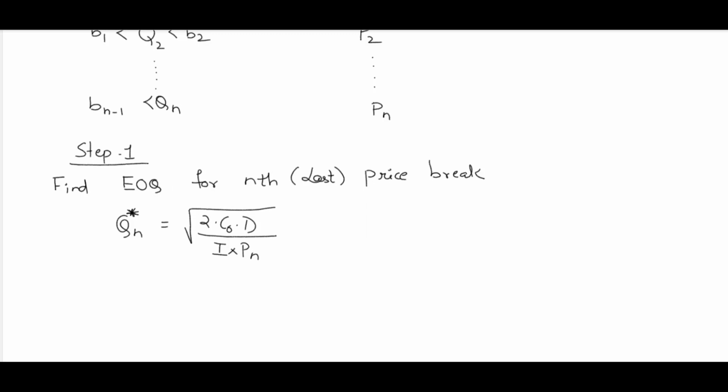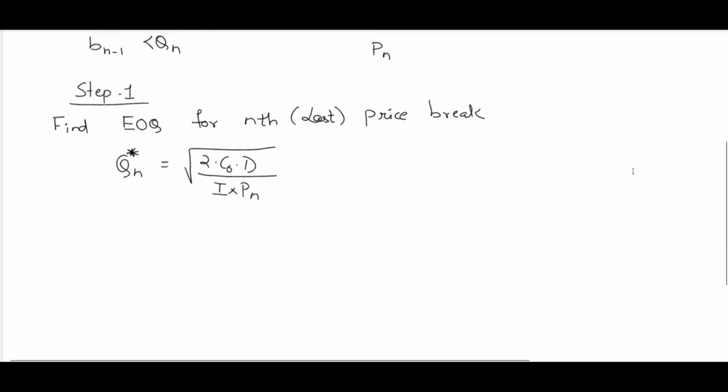I into Pn is nothing but your carrying cost. And I've already told you what I is: the fraction of purchase price used for inventory carrying cost.